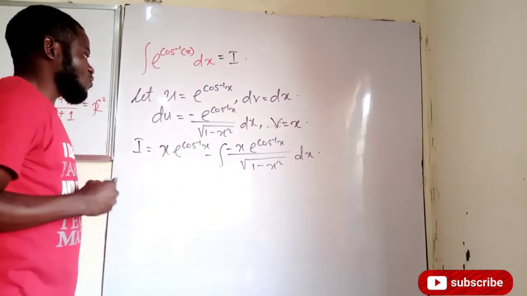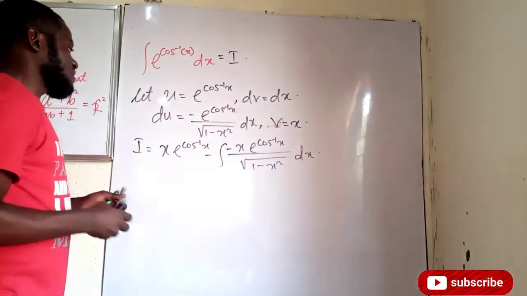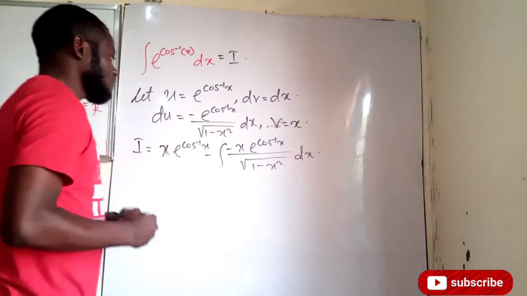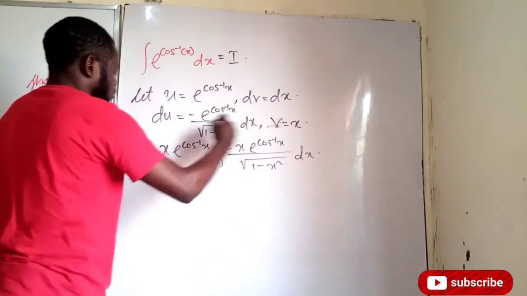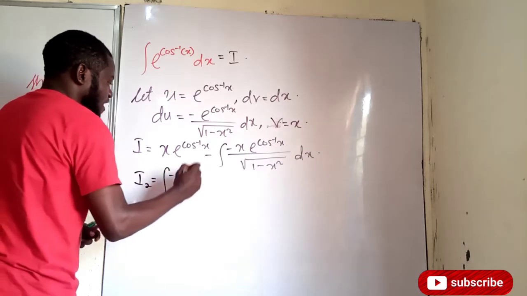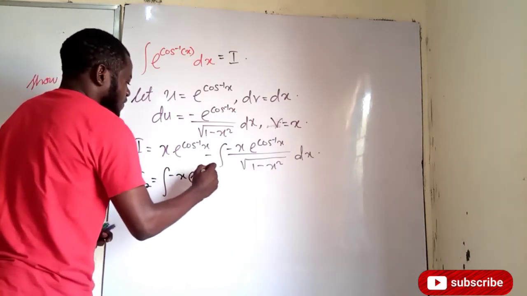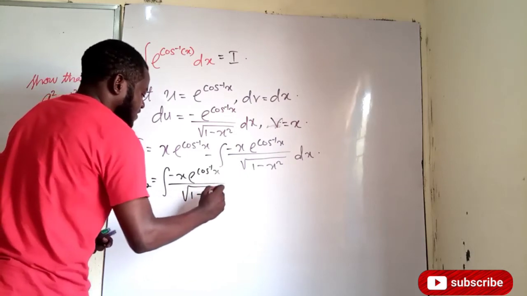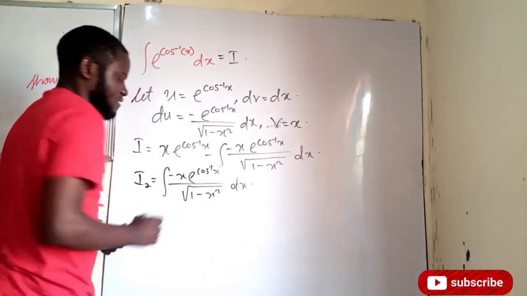Okay, if this is what we have on the board, then there is need for us to integrate this part again. Now, let's say this place is equal to I2. So I2 equals the integral of negative x e to the power of arc cos of x divided by the square root of 1 minus x squared dx, like this.